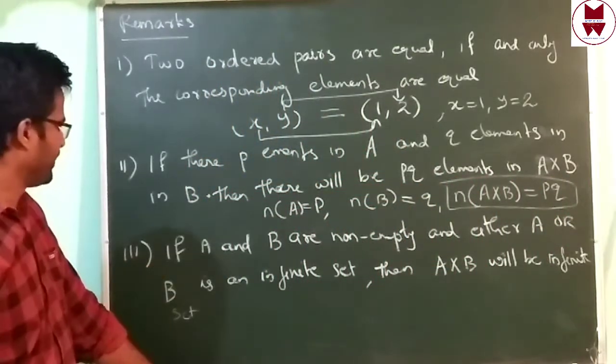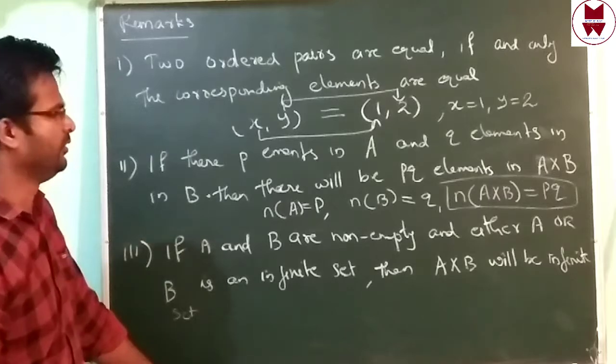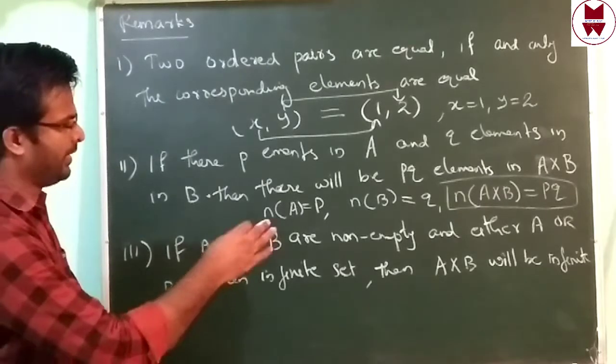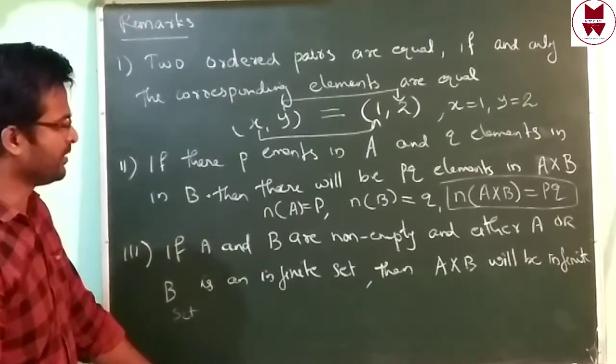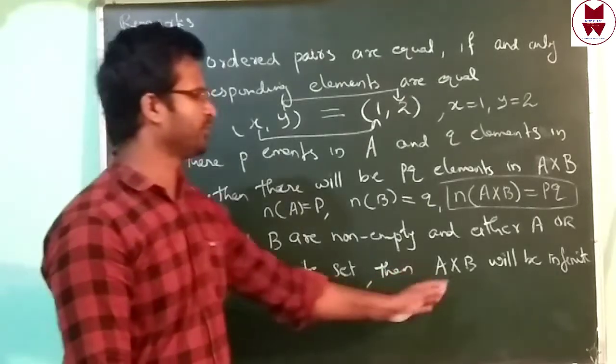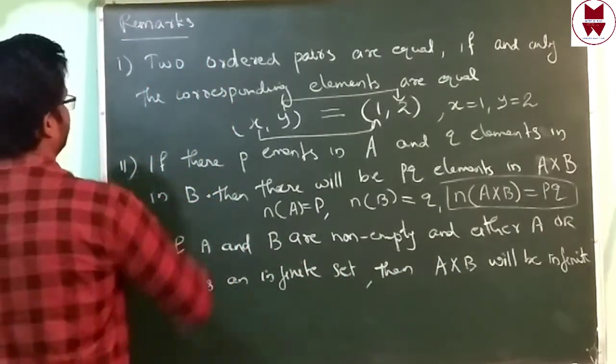Third remark: if A and B are non-empty and either A or B is an infinite set, then A cross B will be an infinite set.